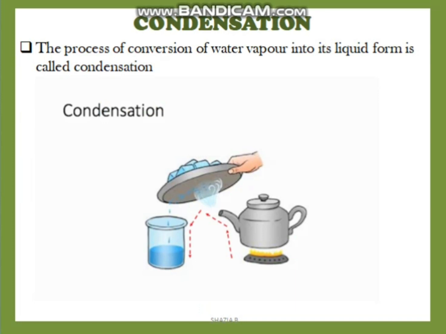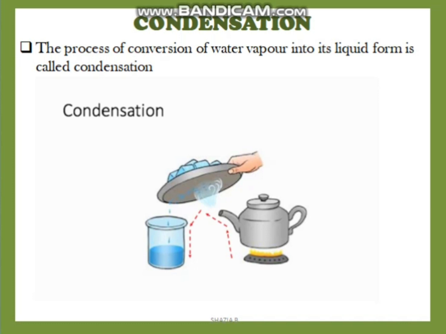For example, while we are cooking, the food inside the utensil is very hot, and water vapor is also formed. Now suddenly if we cover the hot utensil with a cold lid or cover, what do you see? We see droplets of water inside this lid.